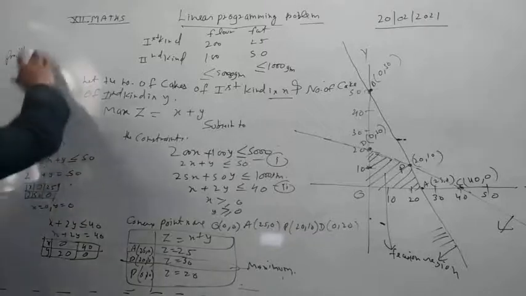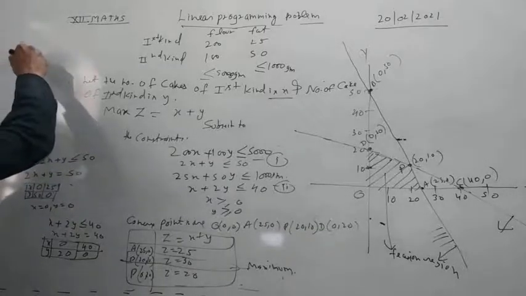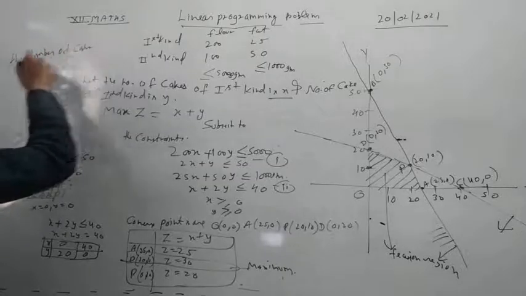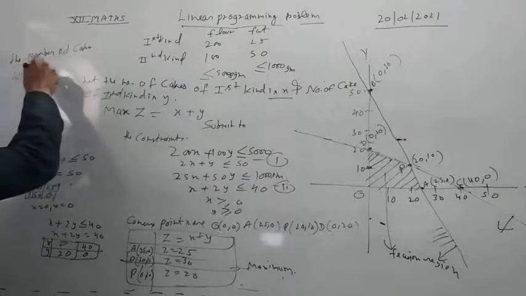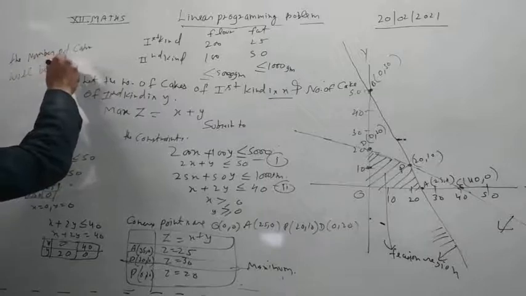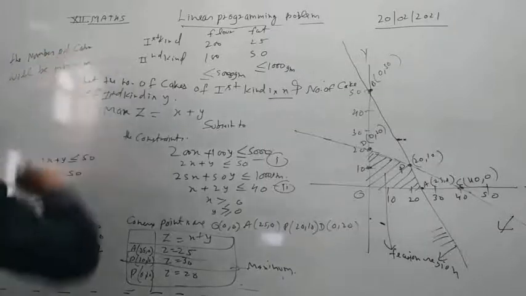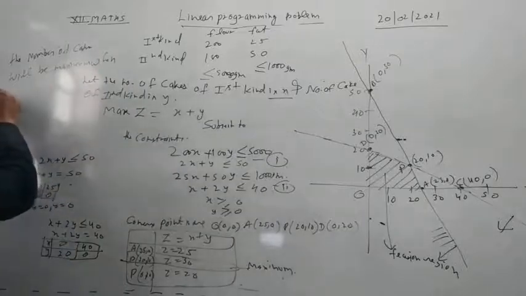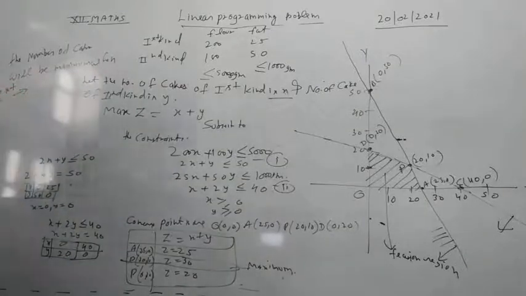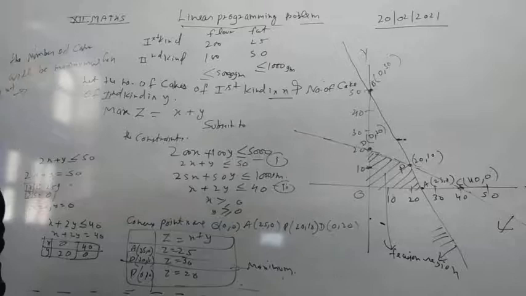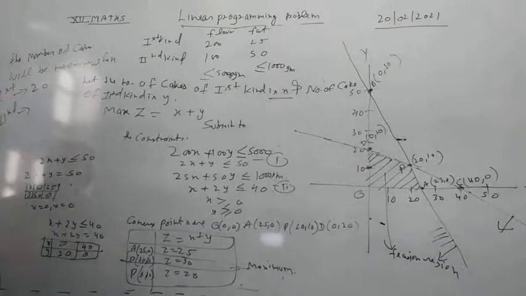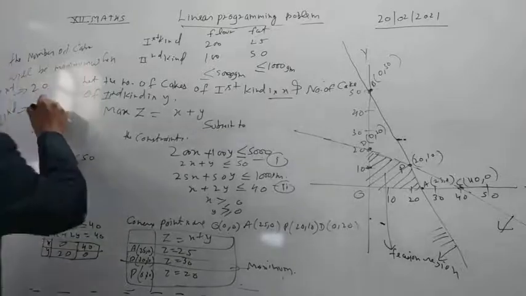The number of cakes will be maximum when the first kind of cake is 20 and the second kind of cake we are making is 10.